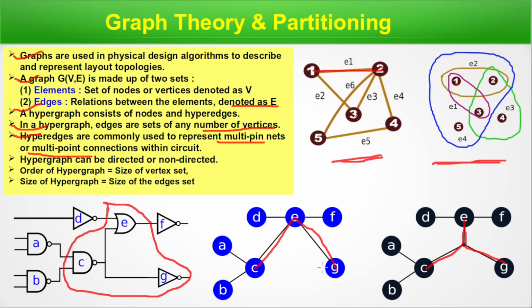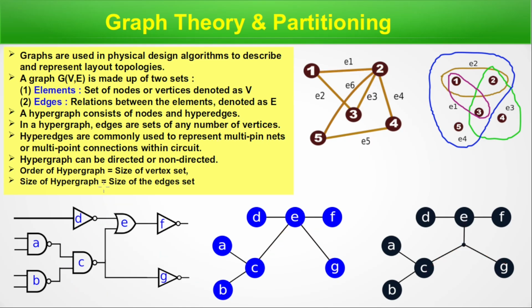This is the difference between graph and hypergraph. The order of a hypergraph is the size of the vertex set, and the size of a hypergraph is the size of the edge set. This is the definition of order and size. We are done with this slide. This is the very basics of graph theory, and with a very small circuit we just tried to show how it can be represented, for understanding only. Now we will move to the next slide.